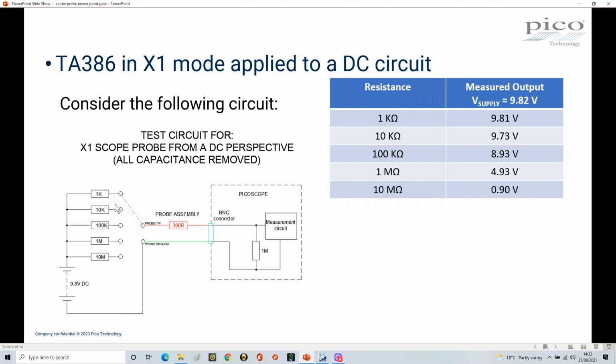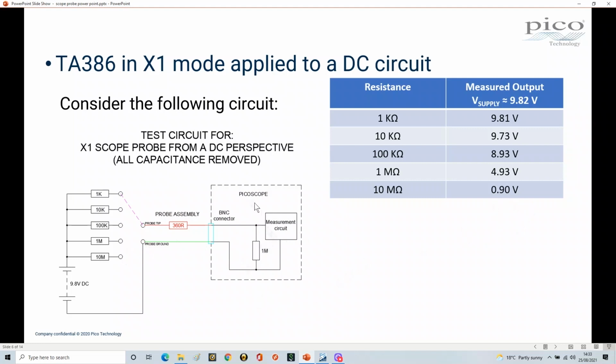So when you monitor at 1K, the voltage being seen by the picoscope, which is fundamentally at this point here, is 9.81 volts, and then similarly at 10K, we've got 9.72, 100K, 8.93, 1 meg, 4.93, and at 10 megs we've got 0.9.